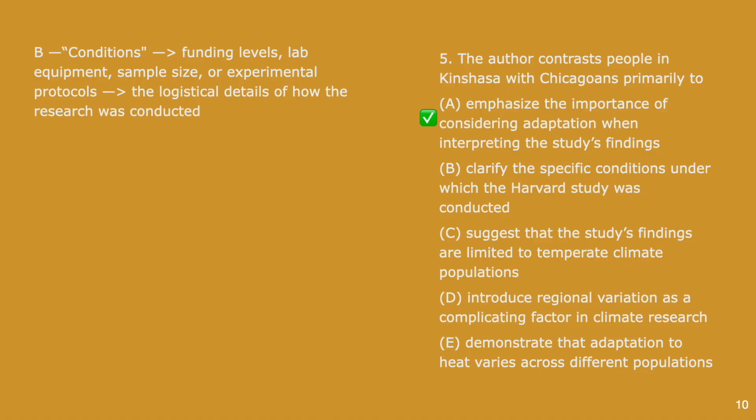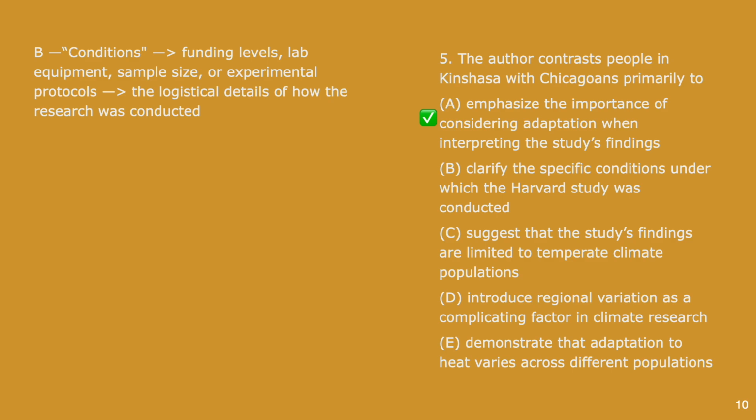Choice B is incorrect because the author isn't clarifying study conditions. Conditions here would mean things like funding levels, lab equipment, sample size, or experimental protocols. The logistical details of how the research was conducted.